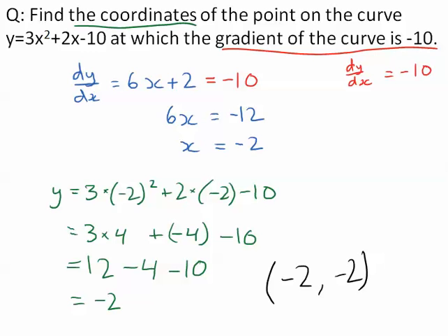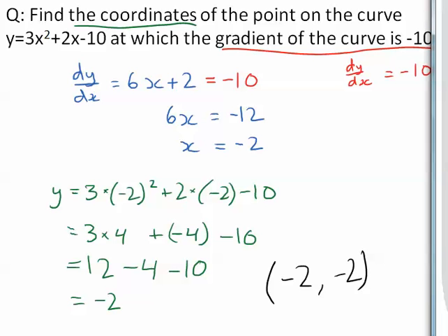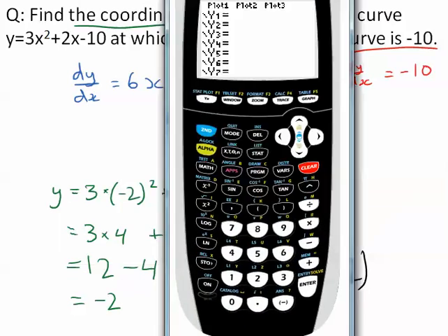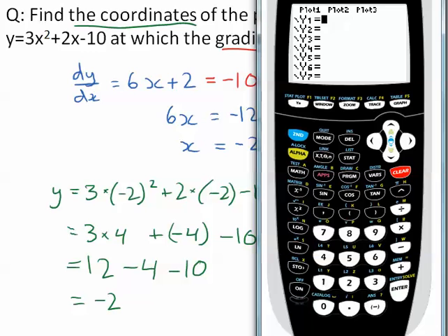And as usual, we can check it on our calculator. So let's bring in the calculator. Alright, we're going to have to type in the formula. So we've got 3x squared plus 2x minus 10.